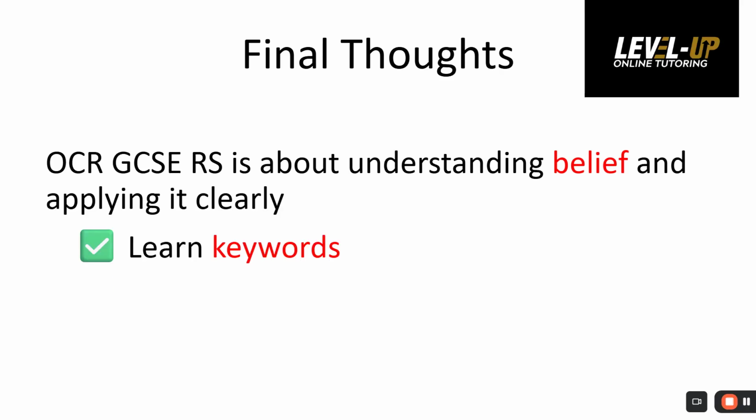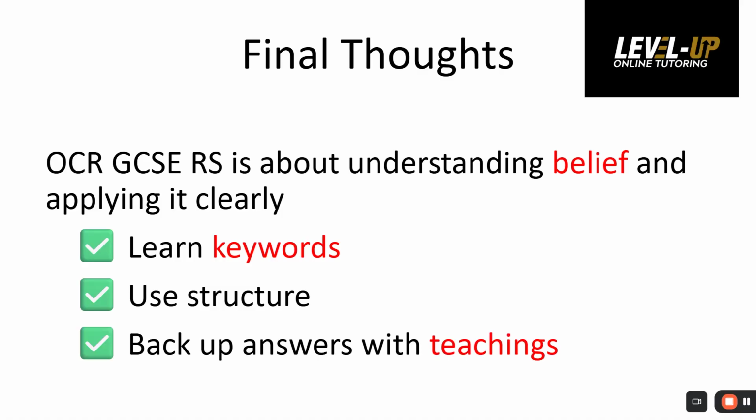Make sure that you learn keywords, use the structures that I have shown you throughout this lesson for component 1 and component 2, and back up your answers with teachings. Always make sure that you have referenced some sort of teaching because you will not get the developed marks without it. I hope this has been helpful for those of you doing the OCR exams.